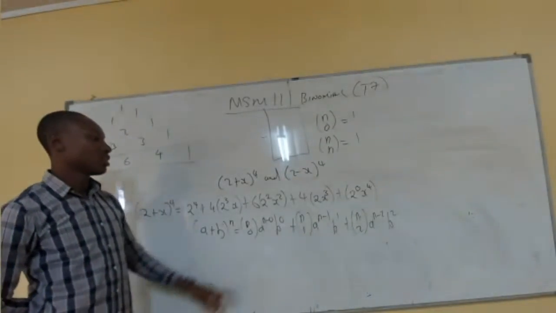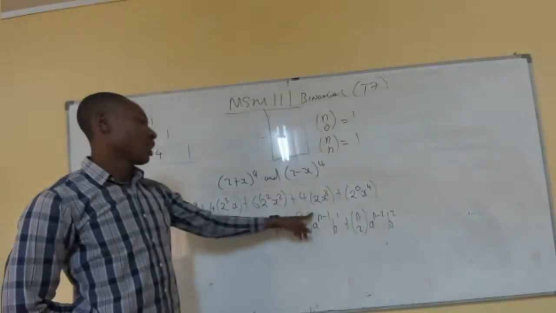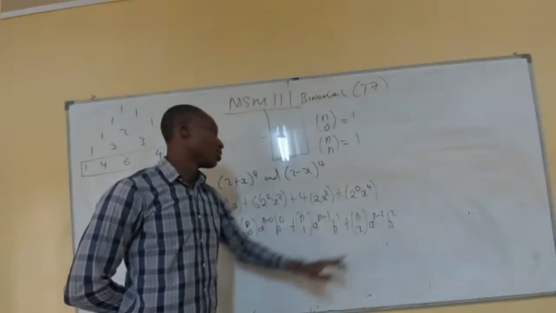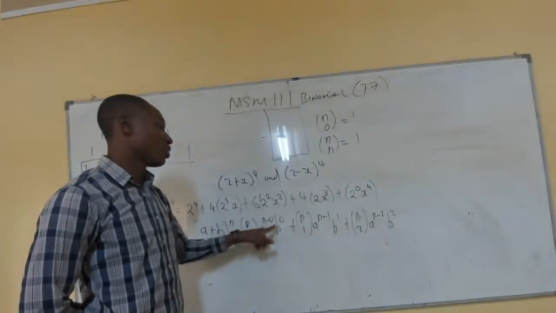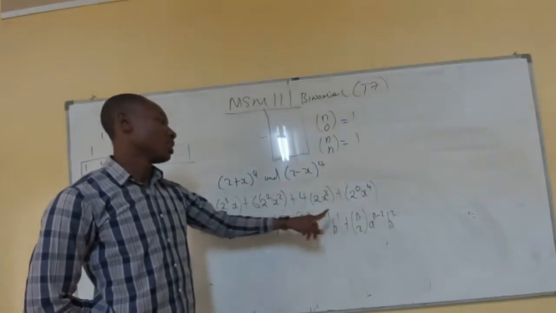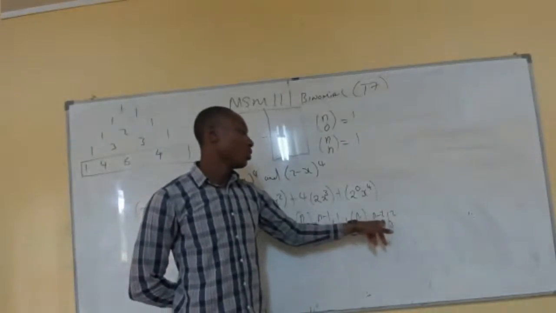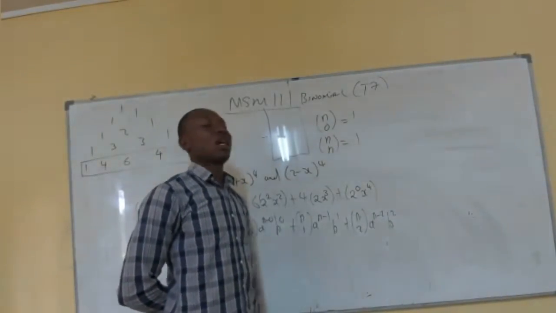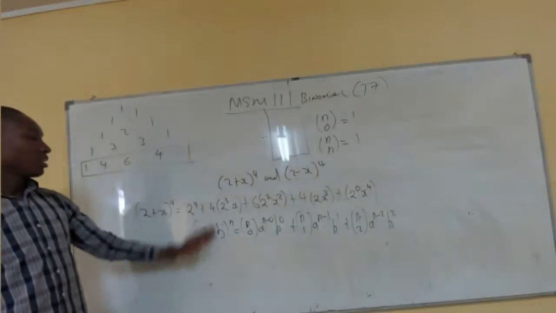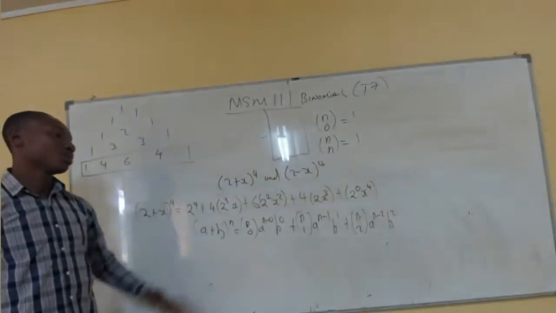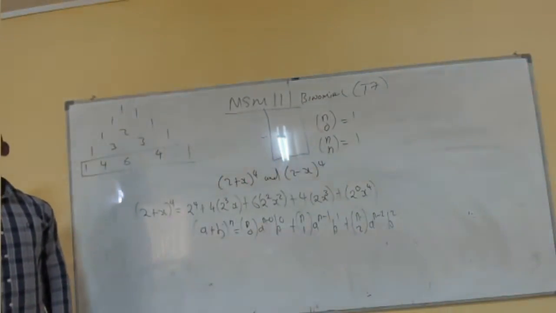So n minus 0 plus 0 is n, n minus 1 plus 1 is n, n minus 2 plus 2 is actually n. In the same way, when you find the coefficients, I can use them simultaneously.